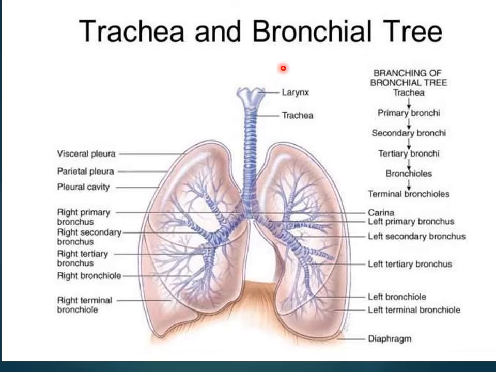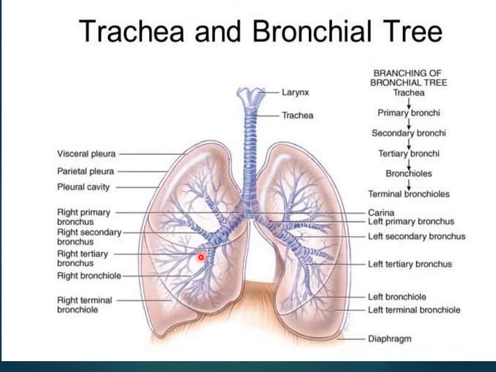This is the diagrammatic representation of the whole bronchial tree. As we can see, the larynx, then trachea. At the level of the carina, the trachea divides into the right and left main bronchus or primary bronchi. The primary bronchi divide into the secondary bronchi, which further divide into the tertiary bronchi and then give the terminal bronchioles.